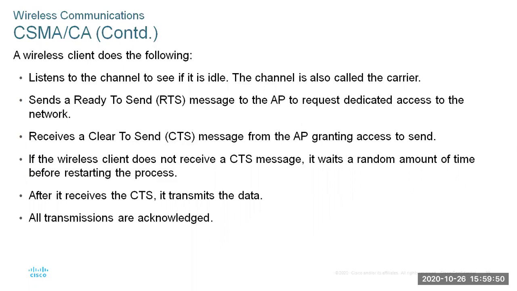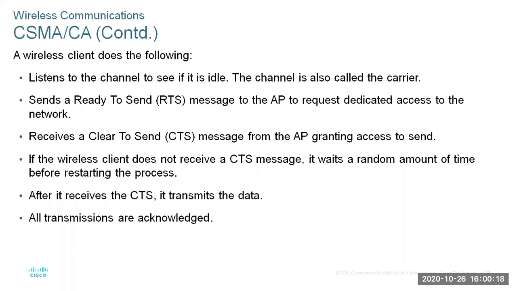Then it sends a ready to send message, which is the RTS, to the access point to request dedicated access to the network, and it receives a clear to send message, which is the CTS, from the access point, granting access to send whatever message it wants to send.